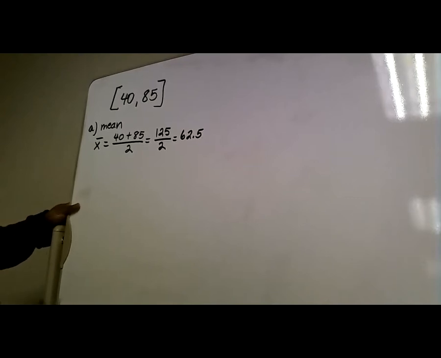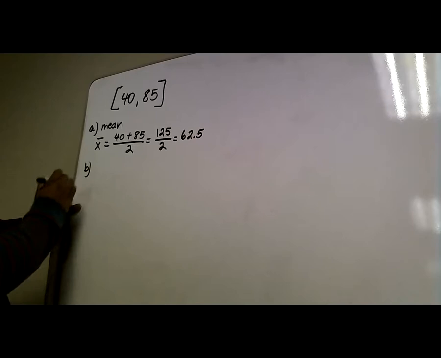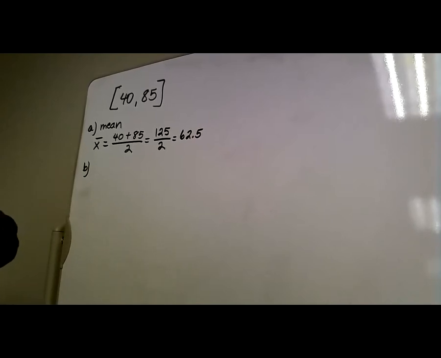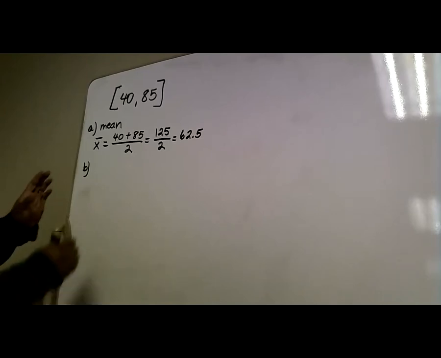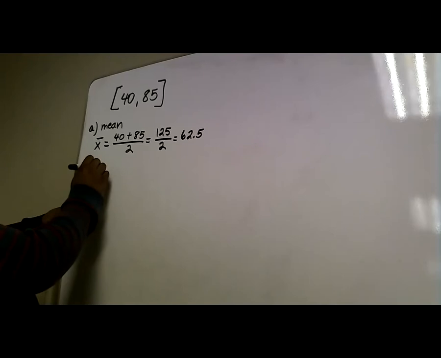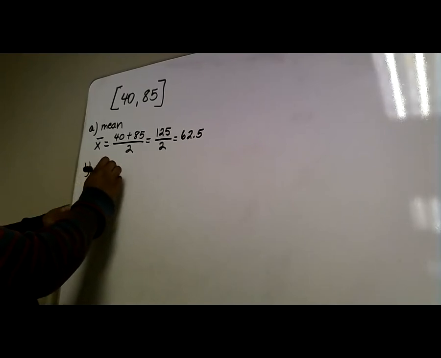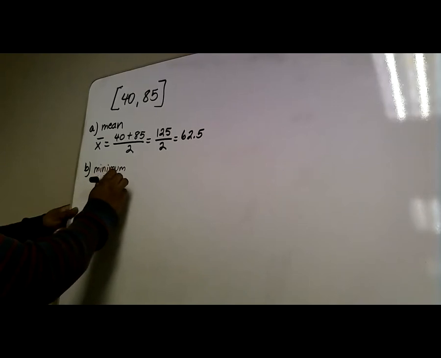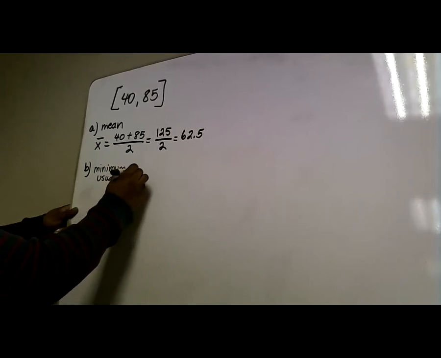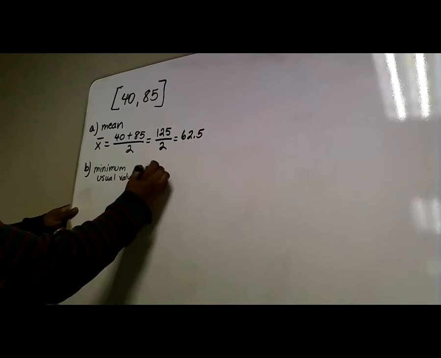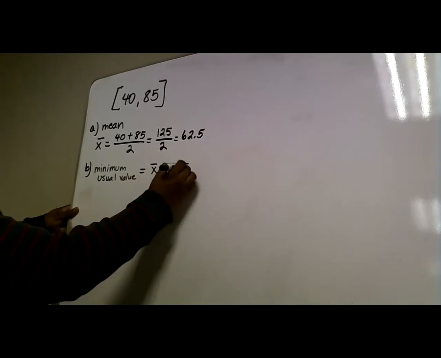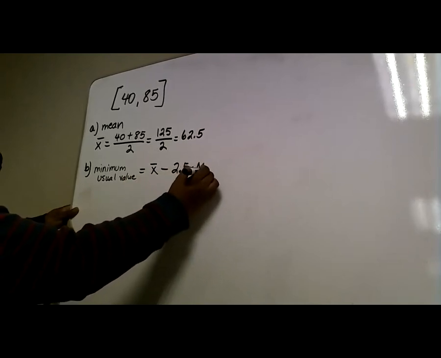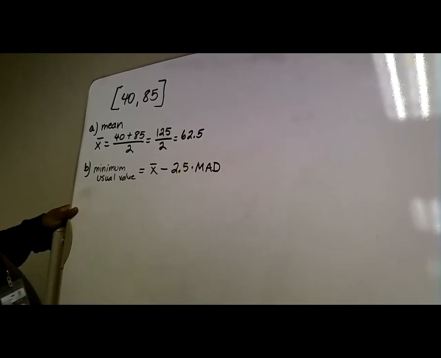Now part B, they want the mean absolute deviation. Now, I think in the example that I showed you, they use the minimum usual value. And that's equal to X bar minus 2.5 times the mean absolute deviation.